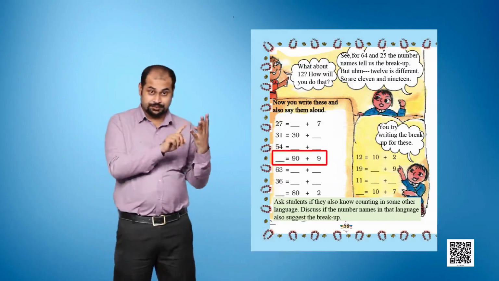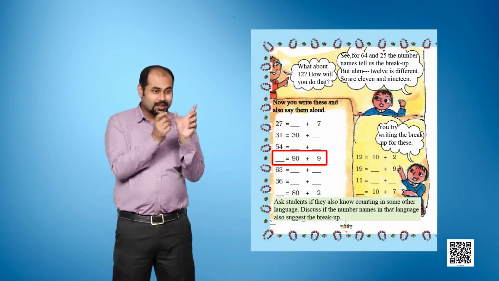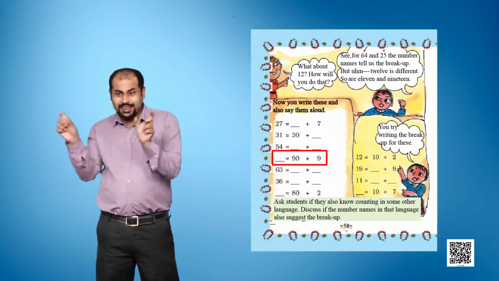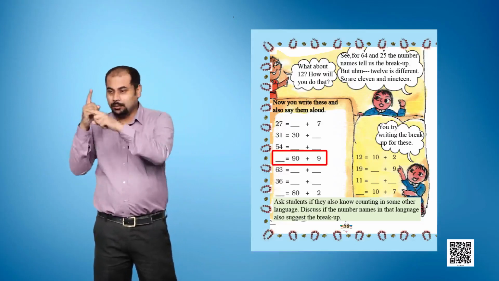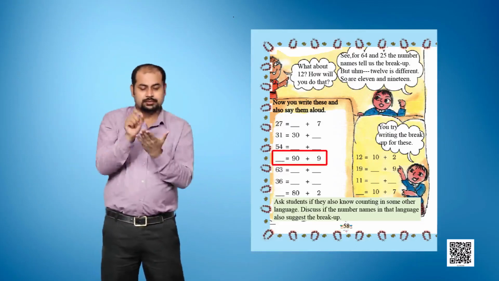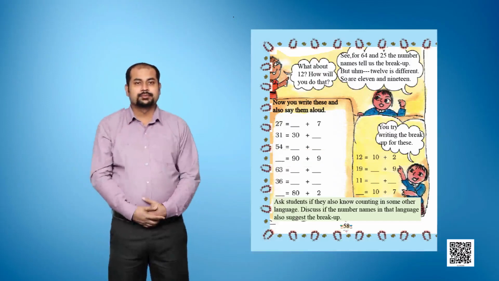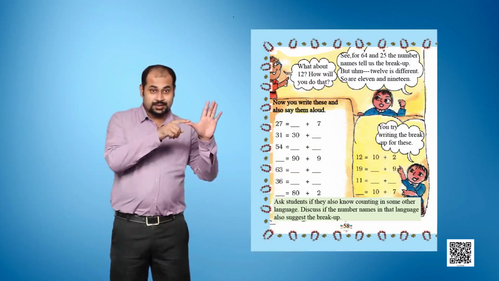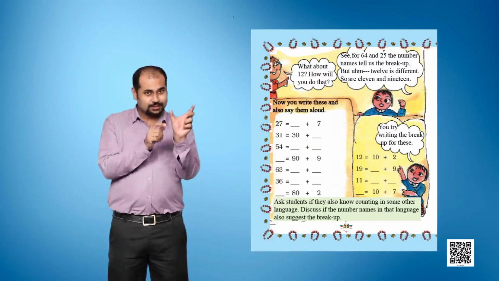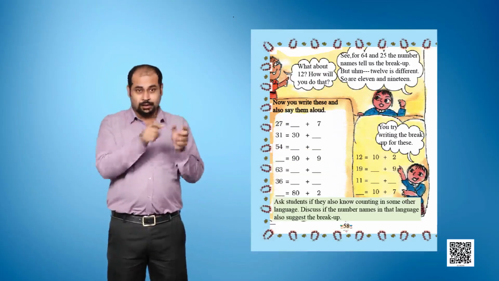Question 4. Dash is equal to 90 plus 9. Question 5. 63 is equal to dash plus dash.